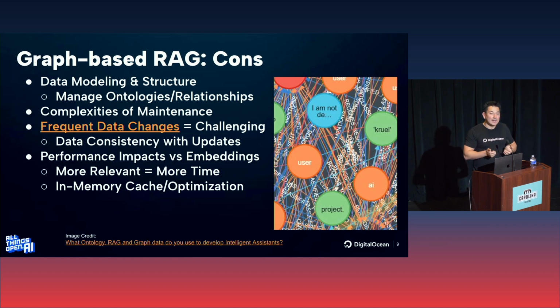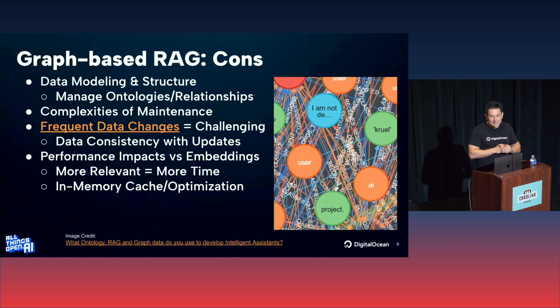There are also impacts to performance, right? Vector databases accelerated by GPUs are super, super fast. The trade-off with a graph database is that you take a performance hit, but you get a more precise and more accurate response that's not prone to hallucinations. That's the trade-off you're making when deciding whether to use a vector database or a graph database for your RAG implementation.